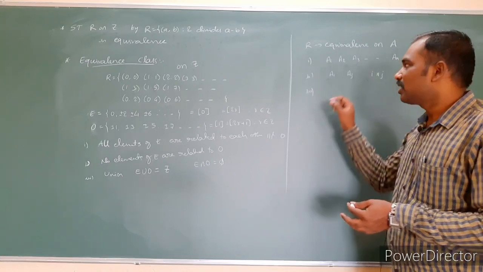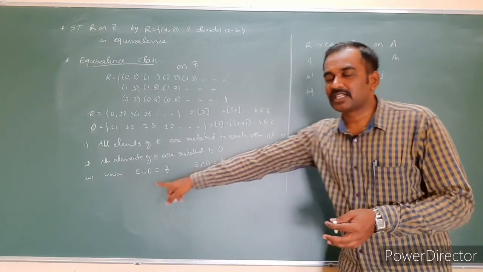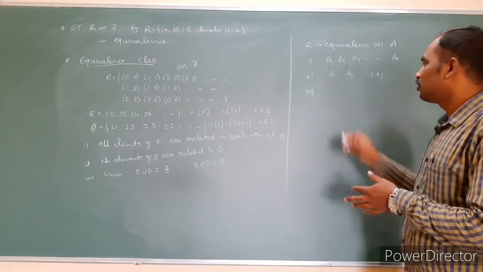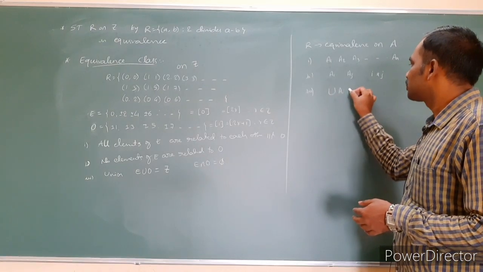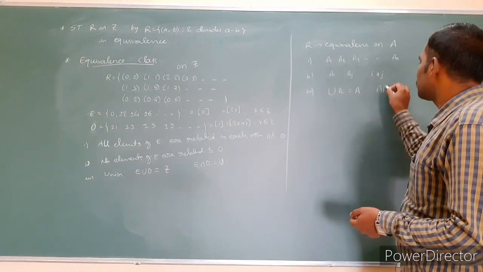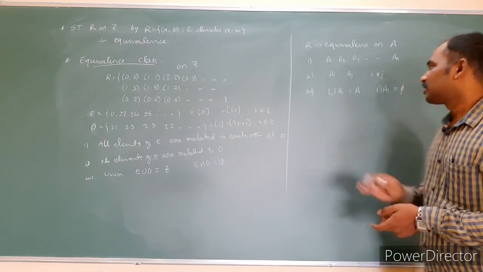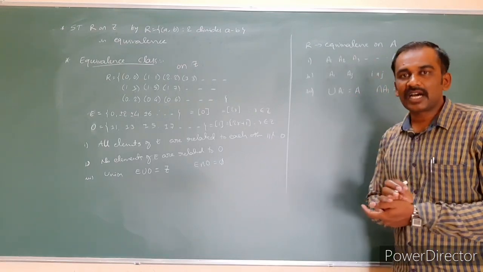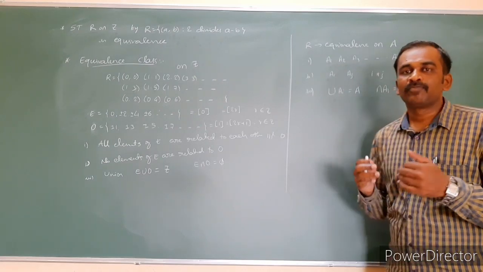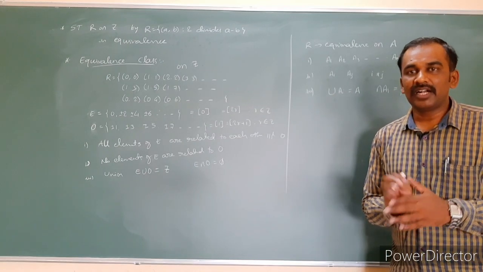Third condition: if I take the union of all these subsets, we have to get the original set A, and if I take the intersection of all these subsets, we have to get a null set. If these three conditions are satisfied, then the subsets are the required equivalence classes.